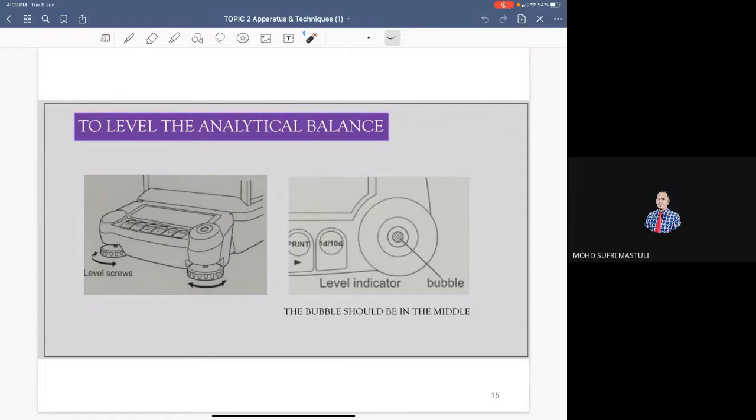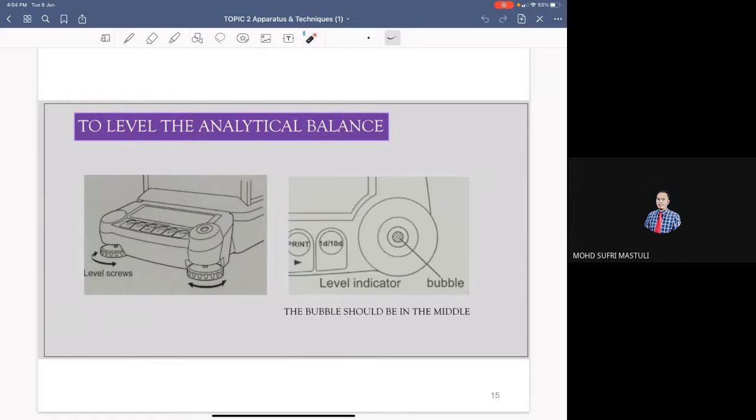Before we use whatever analytical balance during measurement of mass or weight in the lab, make sure we check the level of the analytical balance. So the bubble on the balance apparatus should be in the middle.